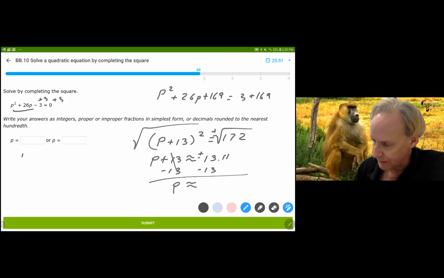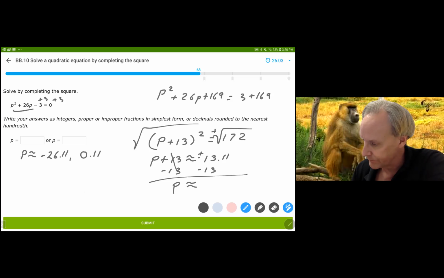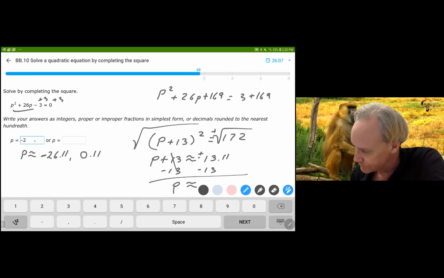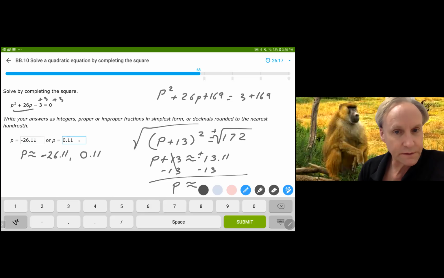And we get p is approximately negative 26.11. And for the negative 13, we're going to get 0.11. There it is. Looks like everything else is good. I think it's good.